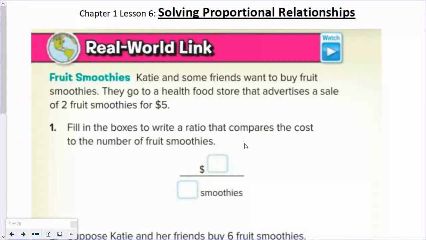So right there tells us how to write our ratio. We are going to put cost on top and then fruit smoothies on the bottom. Well, what does the sale tell us? The sale is telling us that there are $5 for 2 smoothies. That's our ratio.